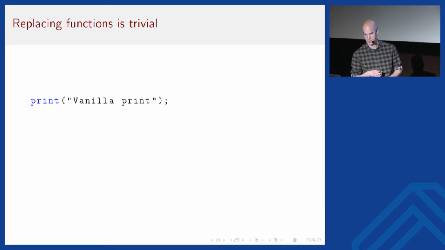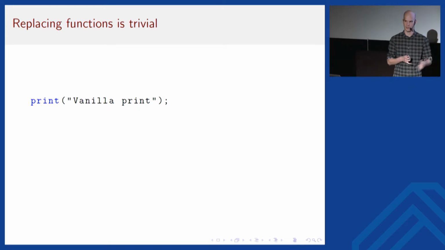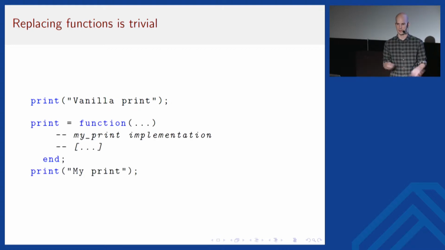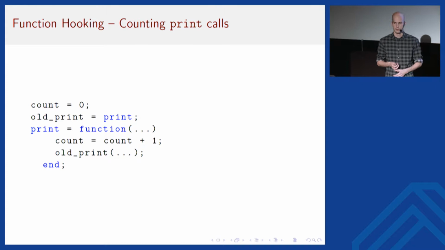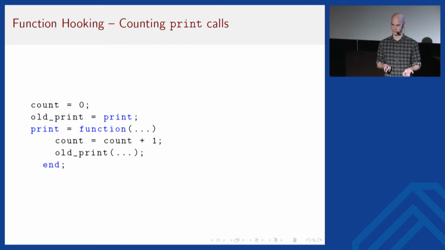So a consequence of this is that replacing functions is trivial. So if I don't like the print function that comes with the standard library, I can just assign a different function and then print through that. One use case why I might want to do that is, for example, what if I want to count the number of invocations of the print function?